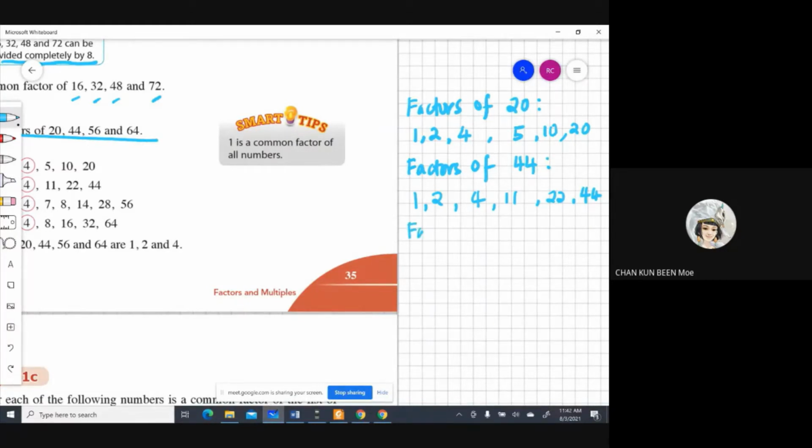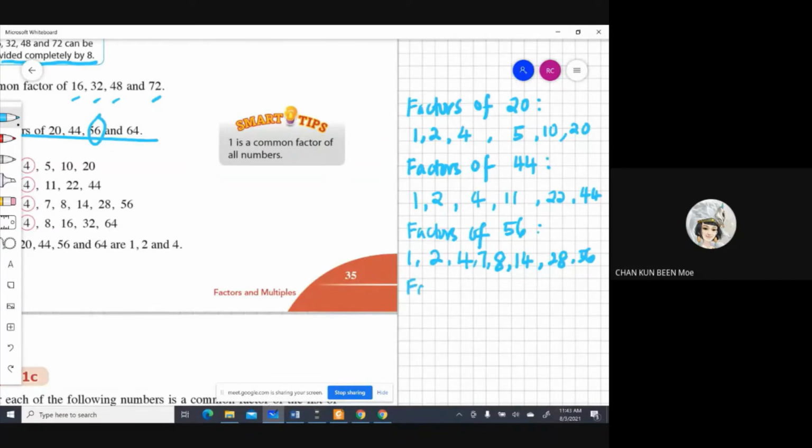Then for the third one, factors of 56: 1 times 56, you get 56. After that, 2 times 28, you get 56. After that, 4 times 14, you get 56. What else? Last one, 7 times 8, you get 56. So your multiplication table must be good over here.